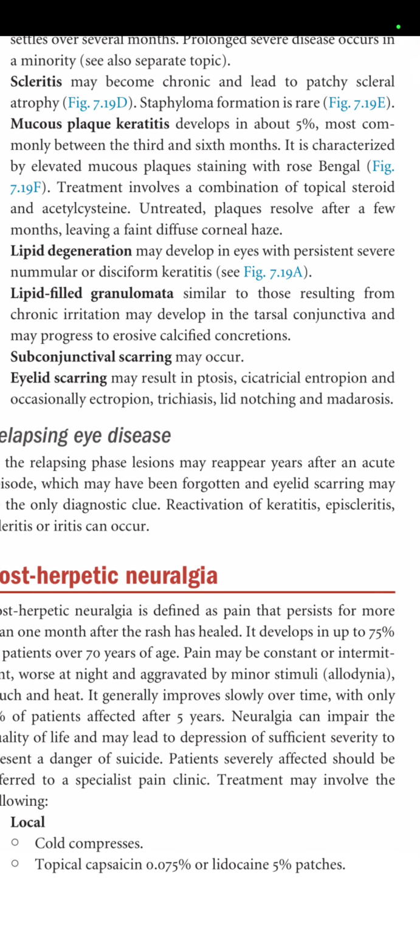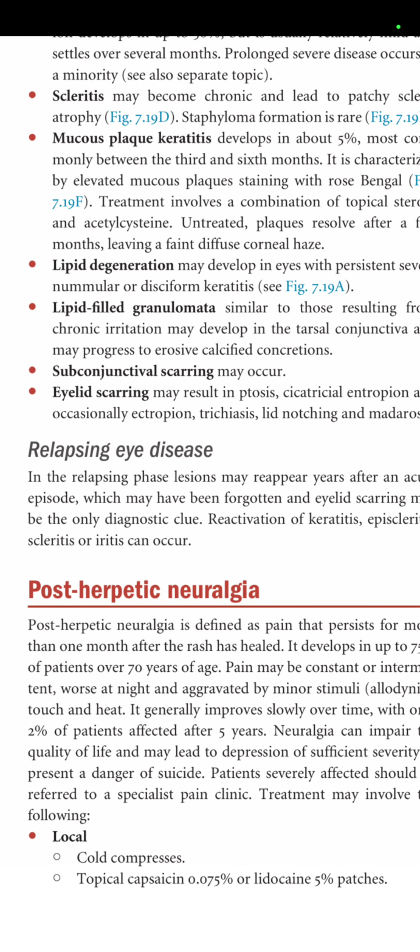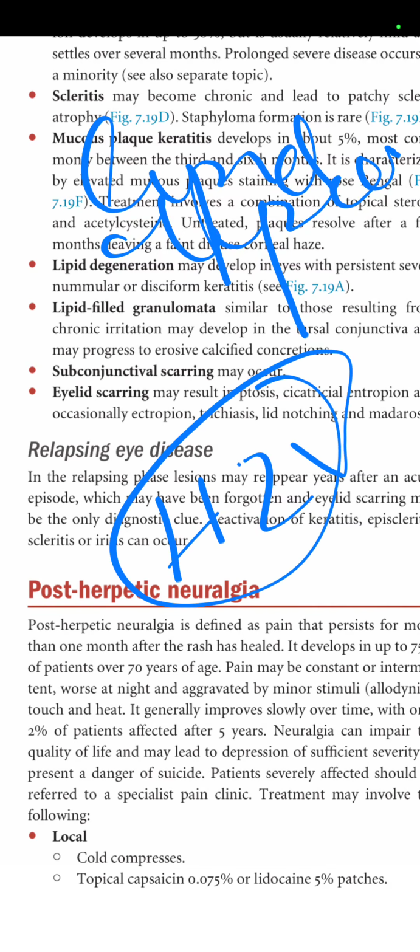Lipid degeneration may develop in eyes with persistent severe nummular or disciform keratitis. It is very important: lipid degeneration is basically lipid deposition that occurs after the chronic inflammation due to the herpes zoster virus.